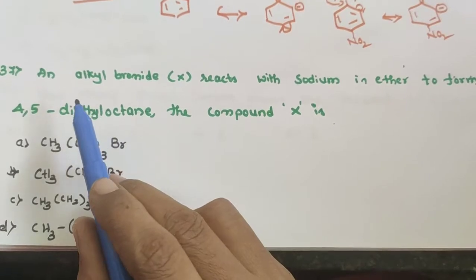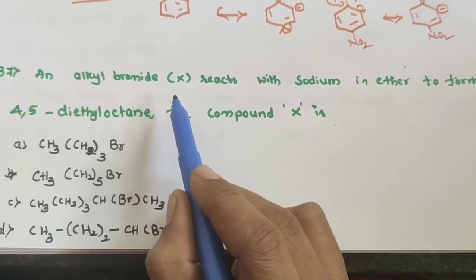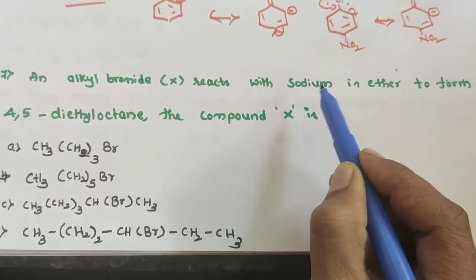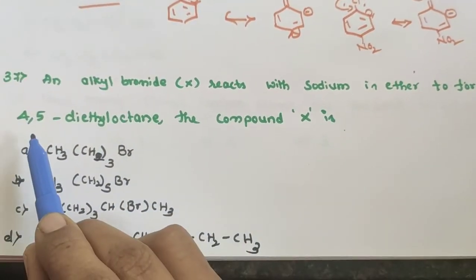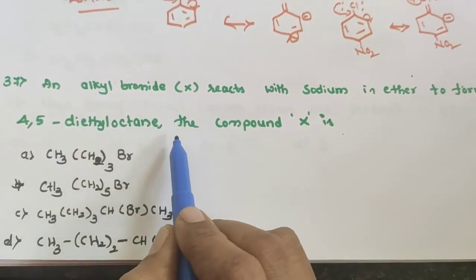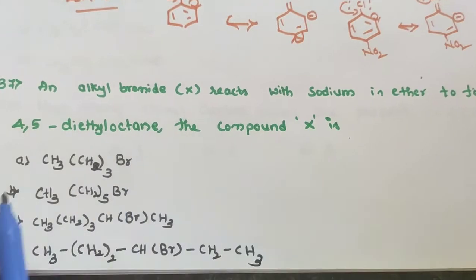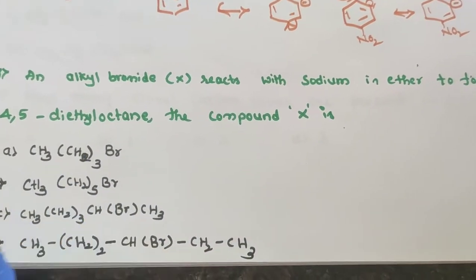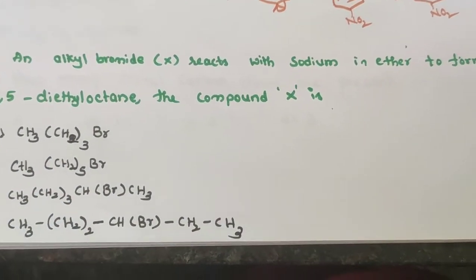The next question is here. An alkyl bromide, that is X, reacts with sodium in ether to form 4,5-diethyloctane. So what is the compound X? Here the answer is D. How is it?